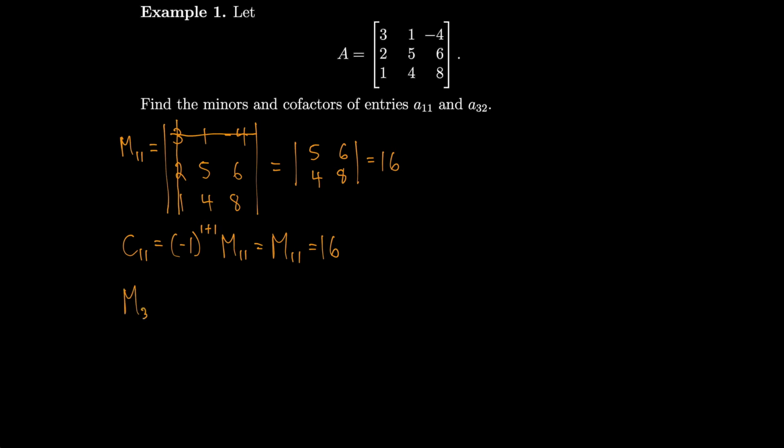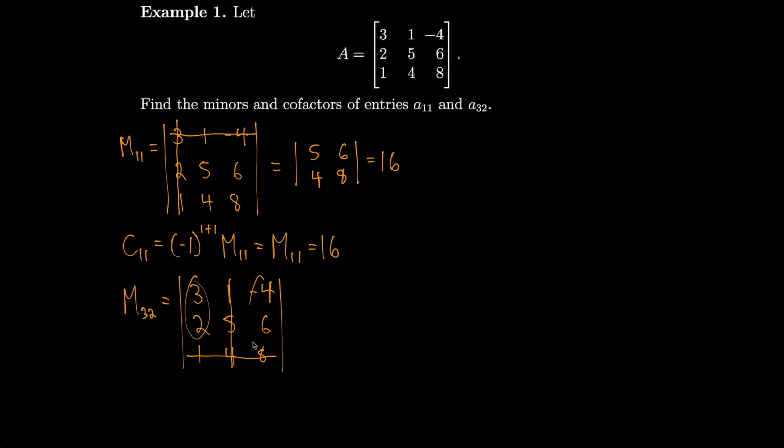Let's get the minor of A32. So that's the third row and second column, so we're going to be looking over there. So let's write out the determinant again. That's 3, 1, -4, 2, 5, 6, 1, 4, 8, and this time we're going to delete everything in the same row as the 4 and the same column as that 4 in the bottom.